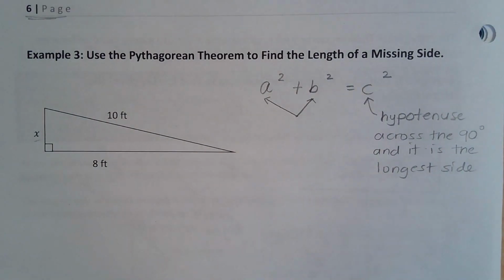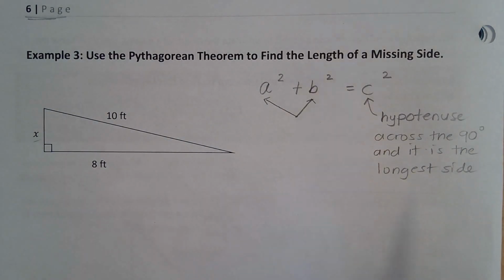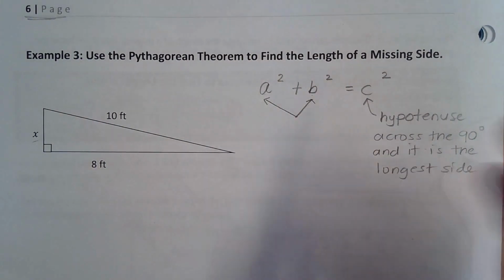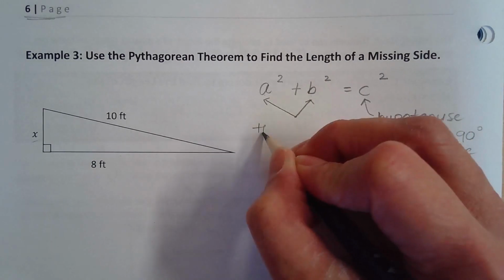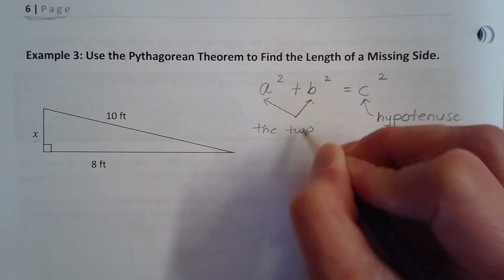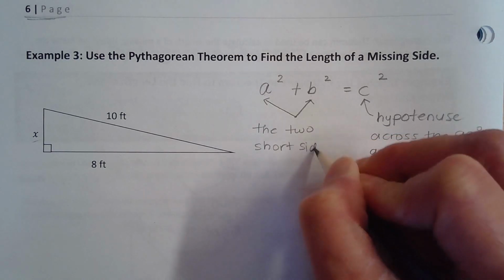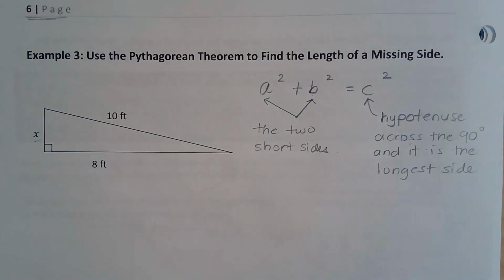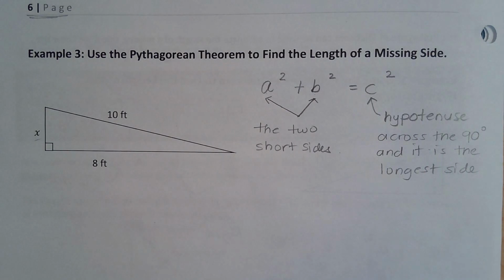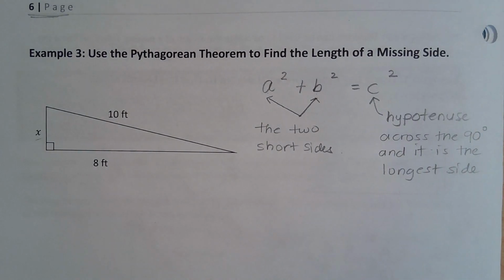Okay, so that's pretty special. The a and the b are the two short sides. Okay, so a squared plus b squared equals c squared.